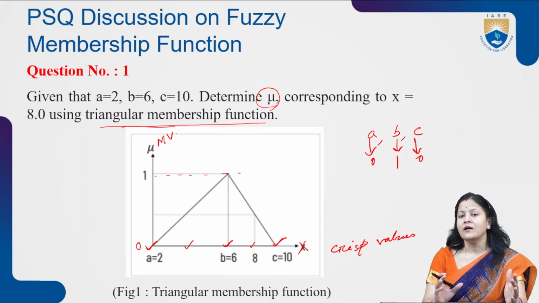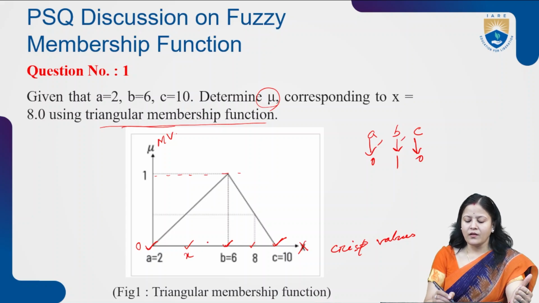Based on that, we can generate the consolidated formula. If x is in between A and B, somewhere we will get a membership value, maybe 0.4 or 0.3.